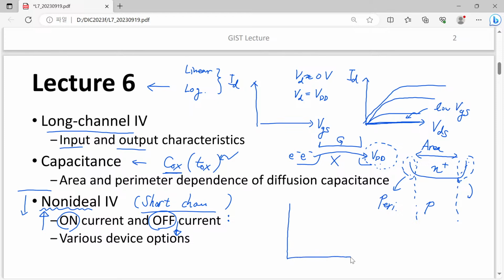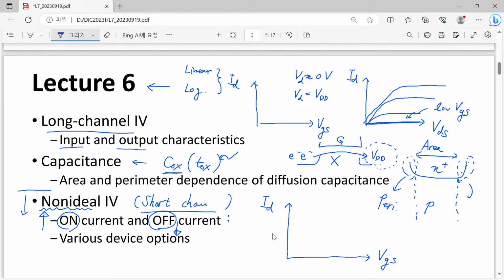Please try to draw your own. So what are the input characteristics? This is drain current, and this is VGS. Both I on and I off are drawn when VDS equals VDD.